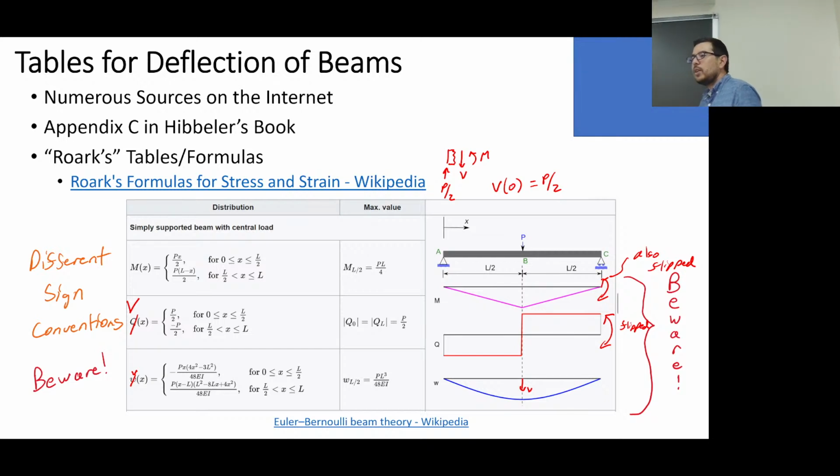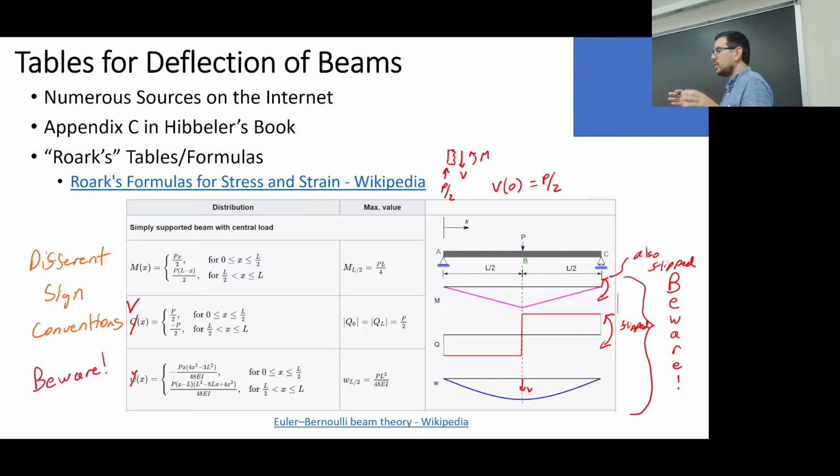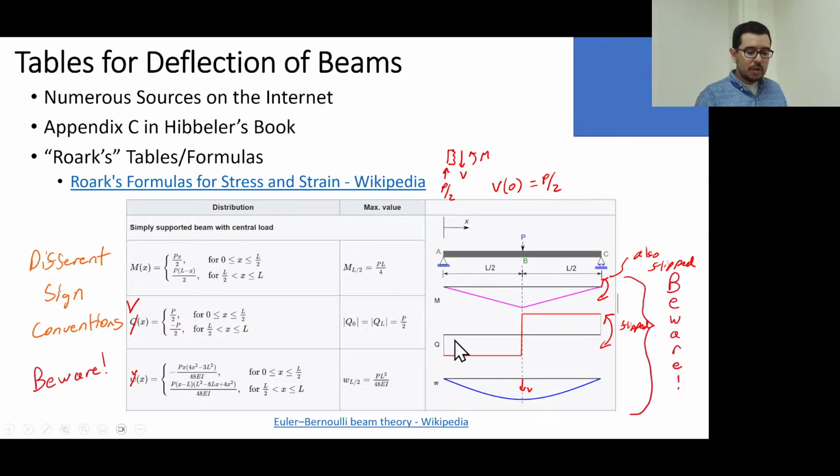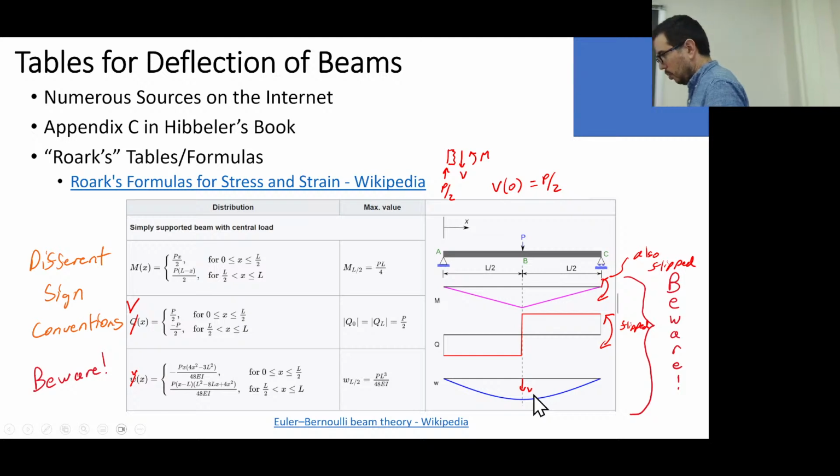So it's just to point out that when you find tables on the internet, be careful. And maybe I should be careful and not introduce this flippy-outiness right here. Nonetheless, I think we can keep track of things as we use some intuition. The big one for these tables is that you want to make sure that you know which direction positive V is.